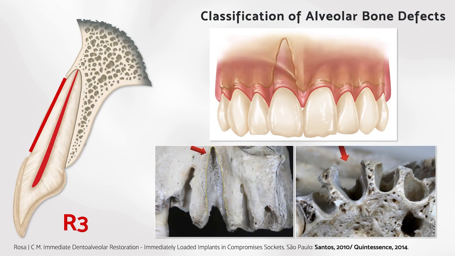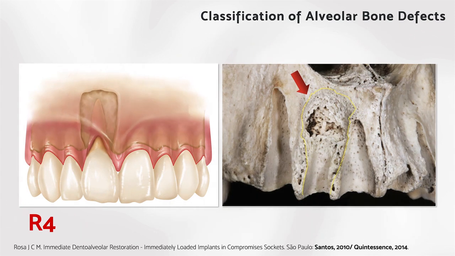Here, R3 defect, the bone loss at the apical third of the root. You can see through this dry skull that the patient lost completely the buccal wall until the apex of the root. R4, when we have the combination between the gingival recession and the total loss of the buccal bone wall extending beyond the root limits in the coronal apical direction and the mesial distal aspect.